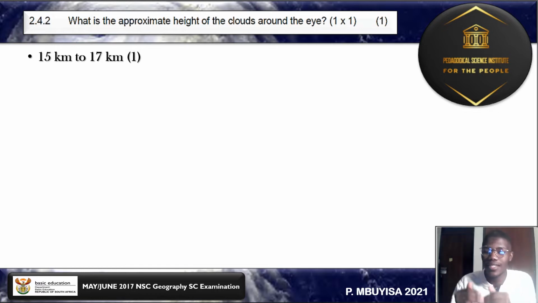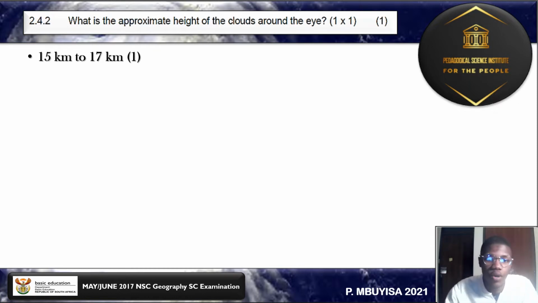Remember, your set of axes showed you the tropical cyclone from 0 to 20 kilometers in the y-axis, and you just have to identify up to which point your height extends in terms of the cloud. And again, for you to be able to do that, you'll have to identify the clouds from the diagram first, and then try to give a statistical or rough number of how tall the clouds are. So that's what you need to do.